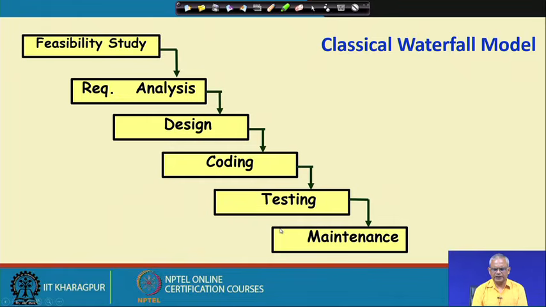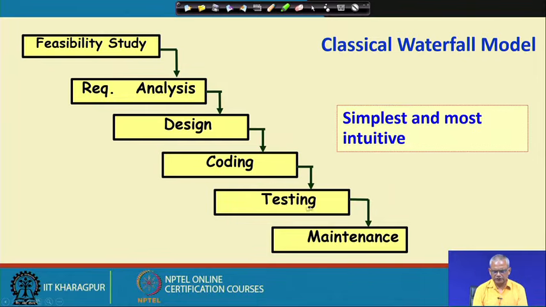If we represent the classical waterfall model in a diagram form, we will have feasibility study, followed by requirements analysis, that is followed by design, coding, and once coding is complete, do the testing and maintenance. It is the simplest and the most intuitive development style.